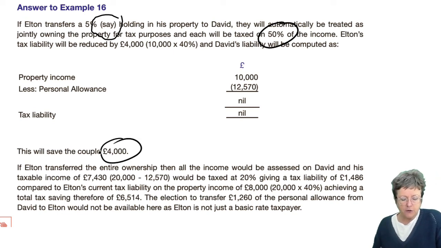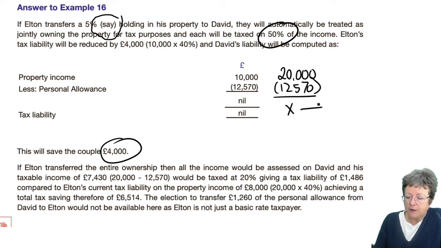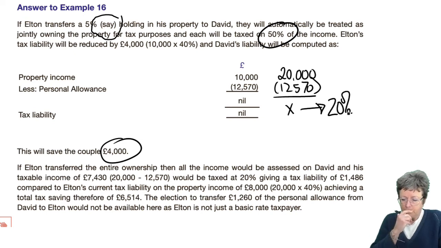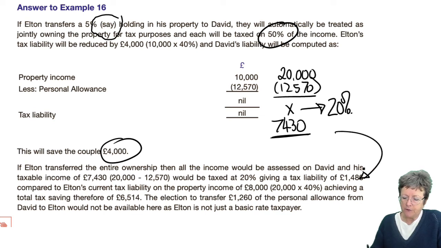If they transferred the entire ownership, all of it would be assessed on David. So that would be 20,000 minus 12,570. Then that balancing figure would be taxed at 20%. 7,430 at 20%, giving them a tax bill of that.